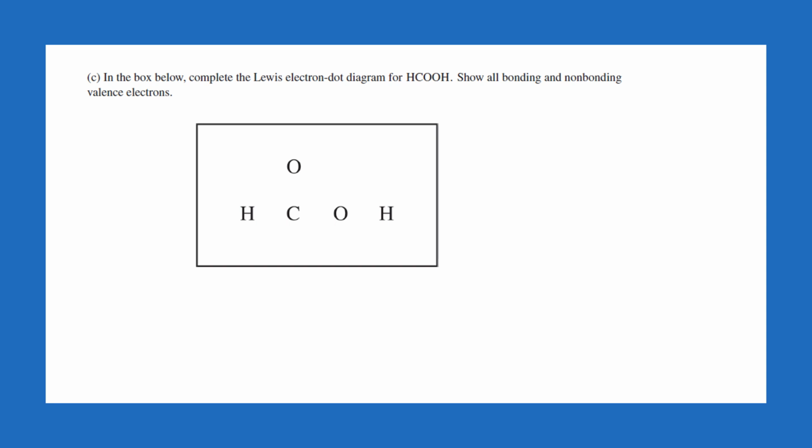Now for part C, it says to complete the Lewis dot diagram for the acid, show all bonding and non-bonding valence electrons. So it's good to remember that hydrogen has 1 valence electron, it's in group 1. Oxygen has 6 valence electrons, and carbon has 4.